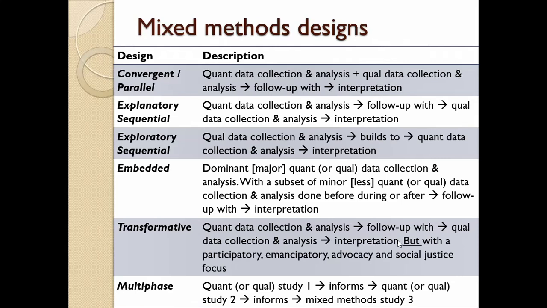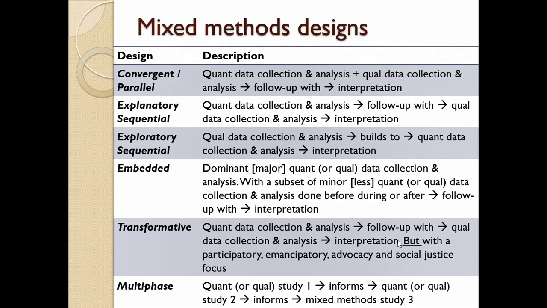And then this is followed up with interpretation. You also have transformative, which is more similar to explanatory sequential, but the difference here is that with transformative design, the focus is on participatory. It is inclusive. It is advocacy, and it focuses on using findings or processes to bring about transformation in form of social justice and so on.